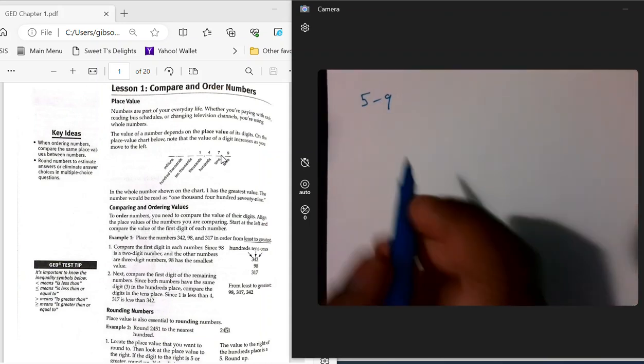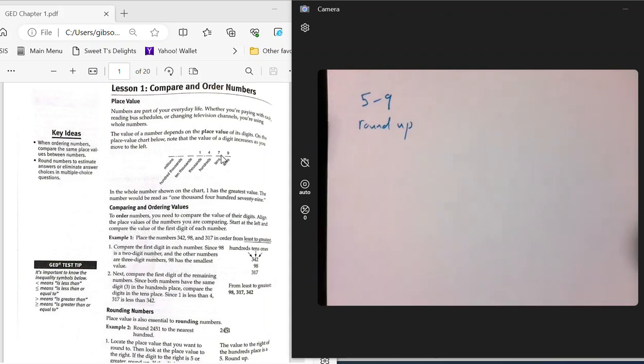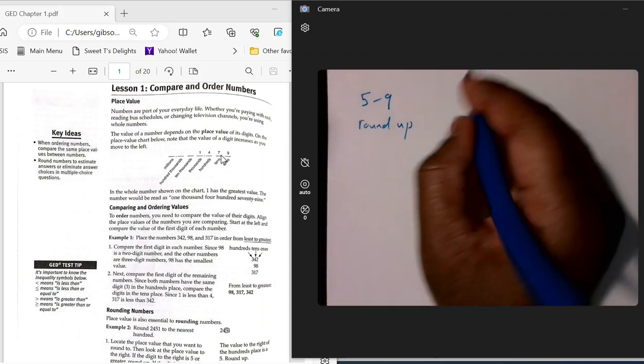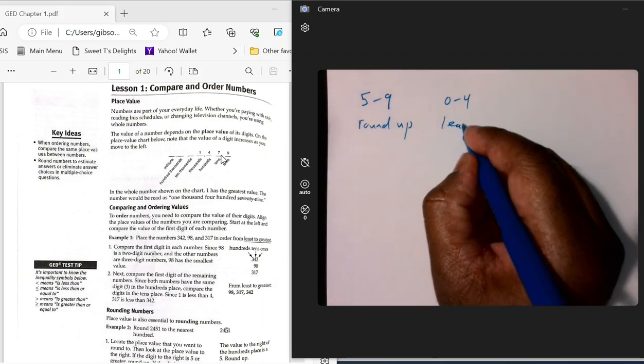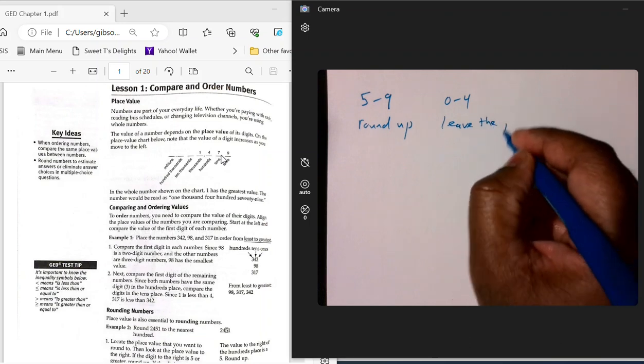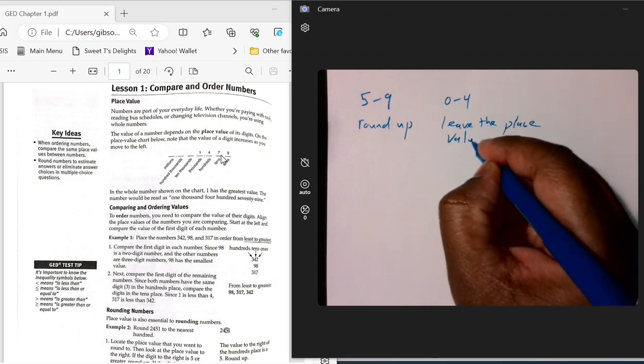If you get digits 5 through 9, you round up. If you get digits 0 through 4, you leave the place value the same.